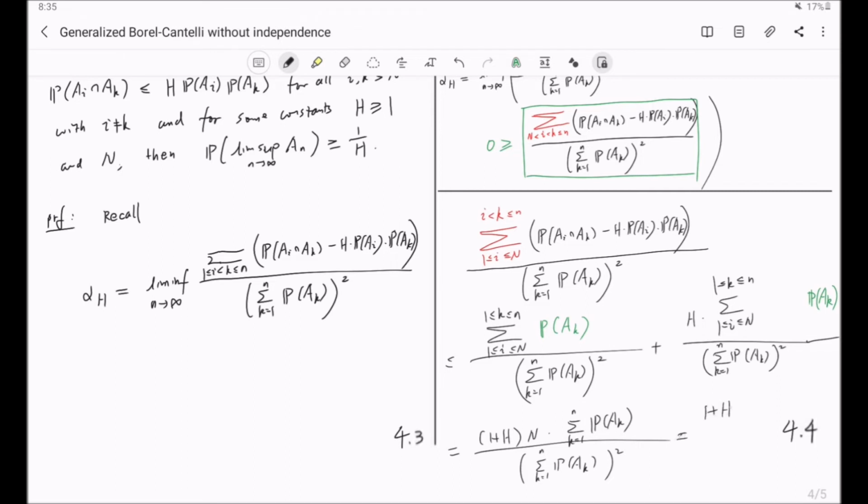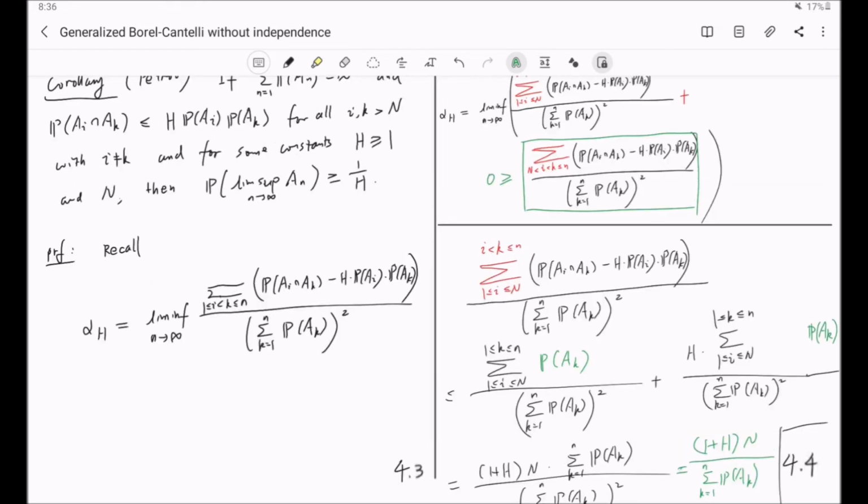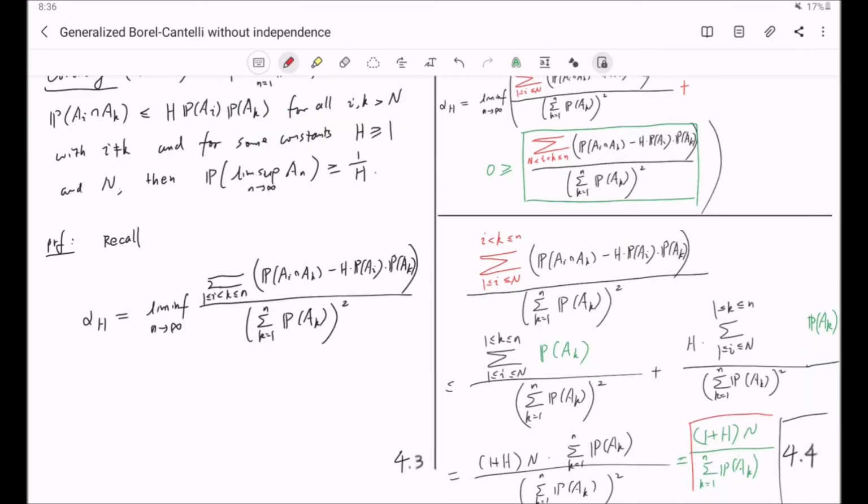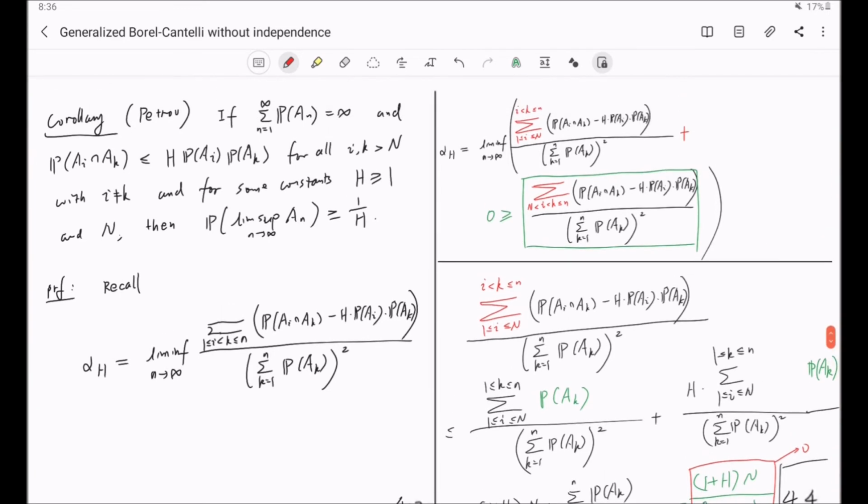And this is simply equal to 1 plus h times N divided by the summation from k equals 1 to n of P of AKs. So we get something that is really simple. By our hypothesis that the sum is infinite, this will converge to 0 as little n goes to infinity, with capital N fixed.